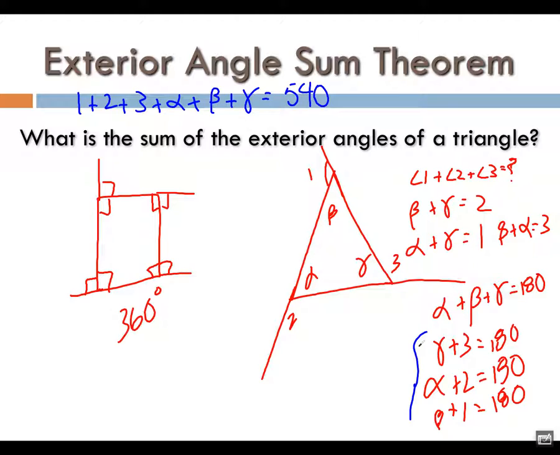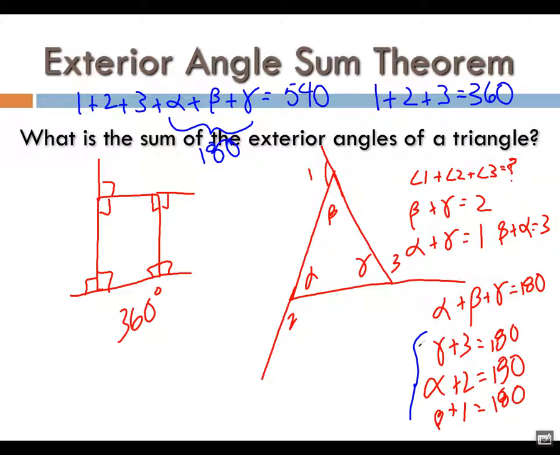How does that help us? Oh, and then you subtract 180, because alpha, beta, and gamma together equal 180. And we find that angle 1 plus angle 2 plus angle 3 equals 360. Nice.